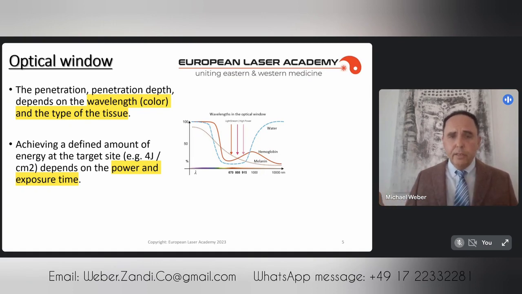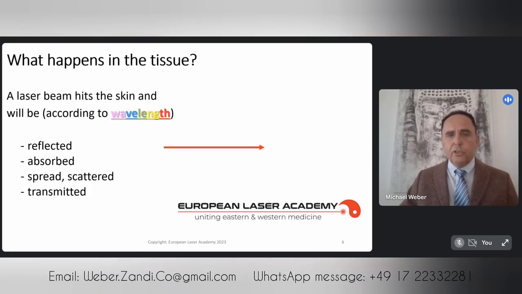Because we have different pigments and structures that absorb the photons. Green light irradiation will be absorbed especially by the hemoglobin. Other wavelengths will be absorbed by water, especially in the far infrared area. So we have this optical window by which we get the best penetration of photons.